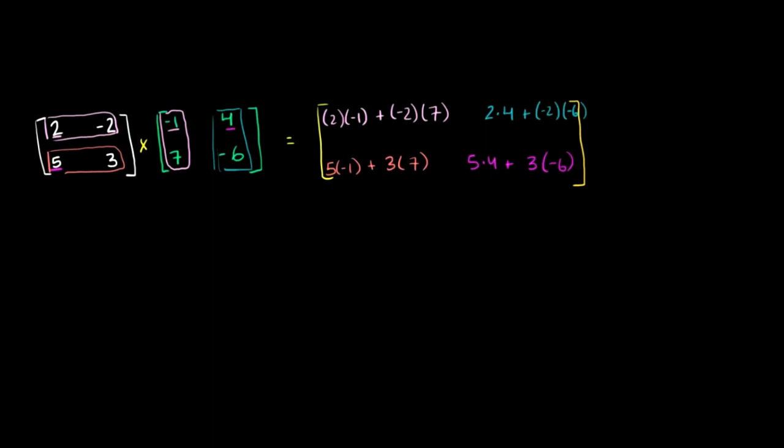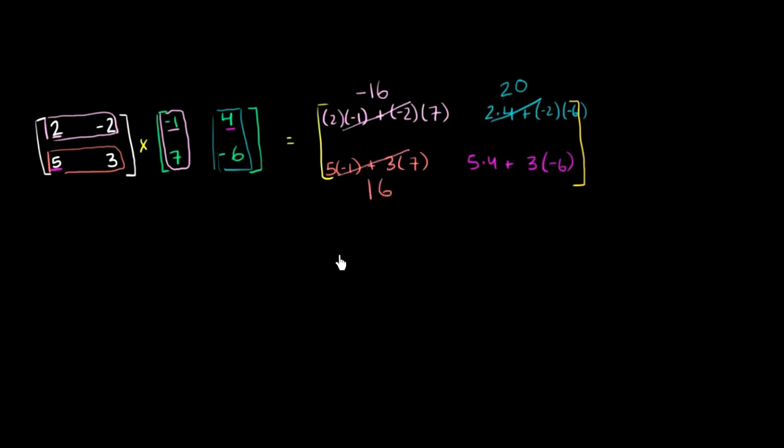This is going to be equal to, let's see, -2 plus -14, that's going to be -16. Then we have 8 plus 12, so that's going to be 20. And then we have -5 plus 21, which is going to be 16.